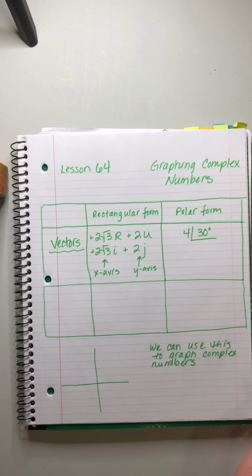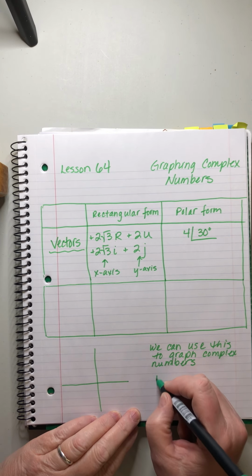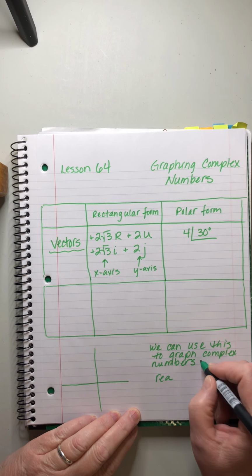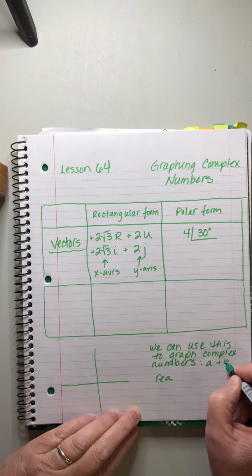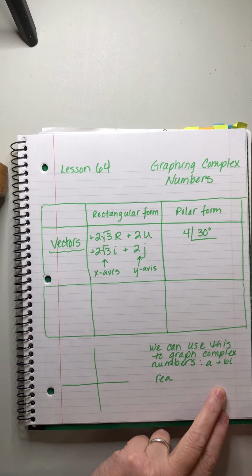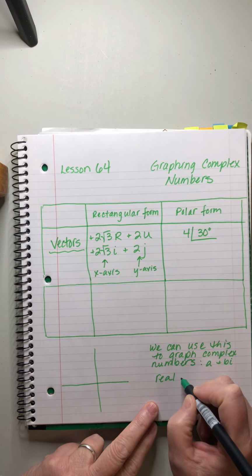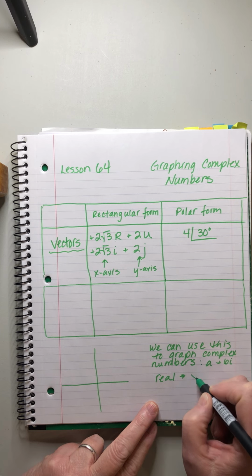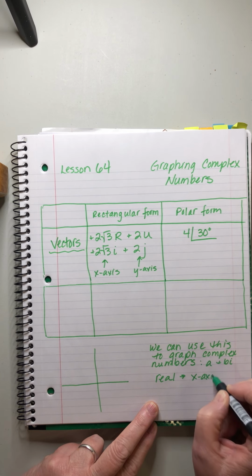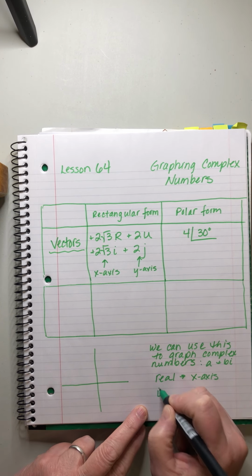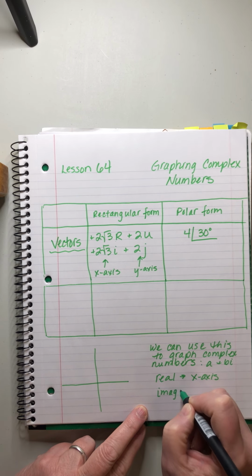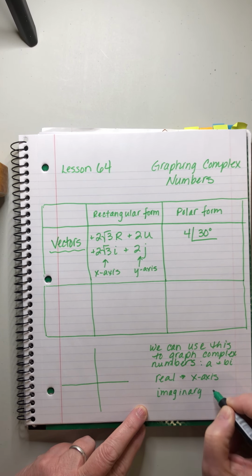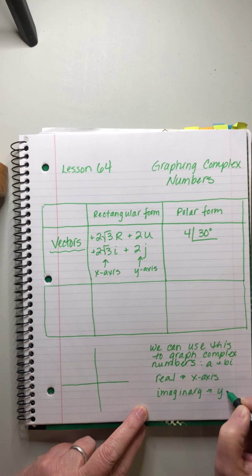Okay? Now, what happens is that we always put the real, remember a complex number is a plus bi, we always put the real part, the real number, on the x-axis, and we put the imaginary part on the y-axis.